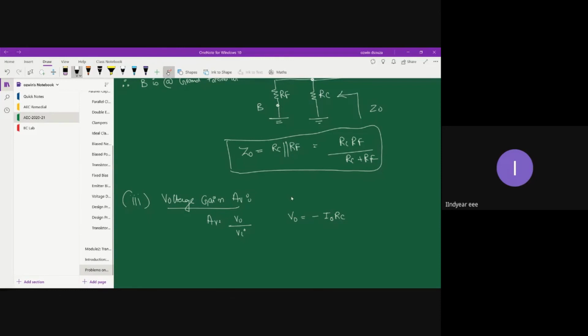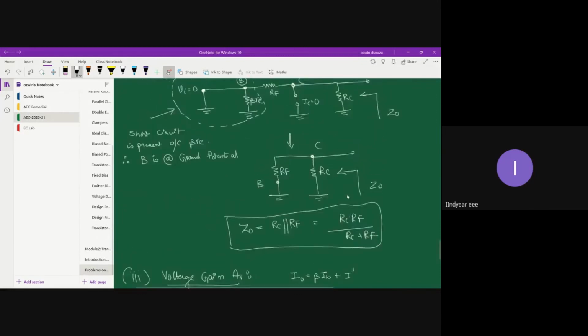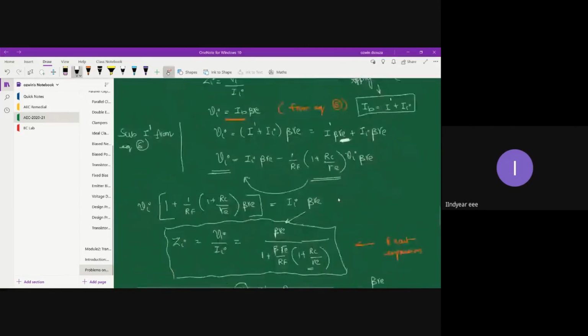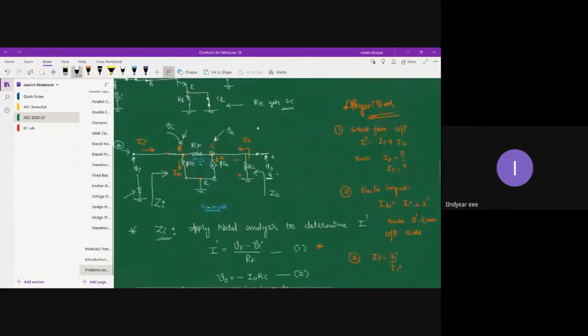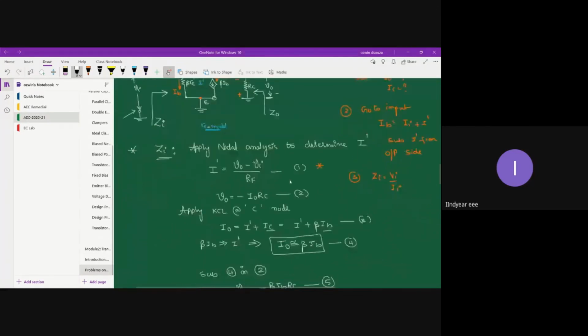I think I have already told you that I0 is basically beta IB plus I dash. We have already seen this in the main circuit. See, the incoming current is I0, so if you apply KCL at the collector node, I0 is equal to IC plus I dash. That's what I have written.